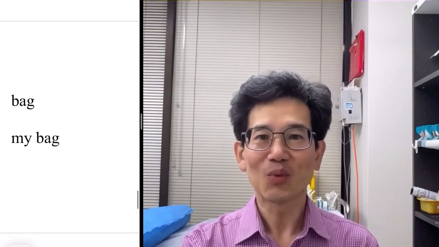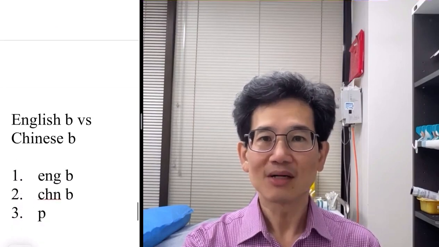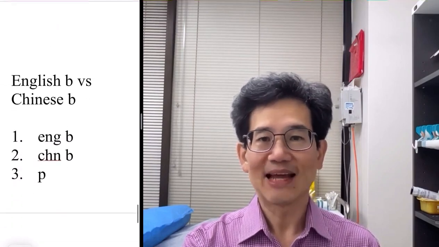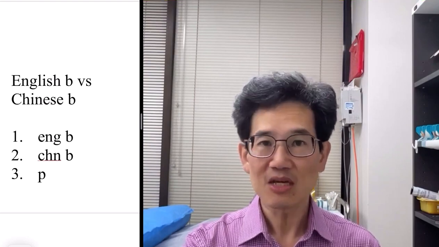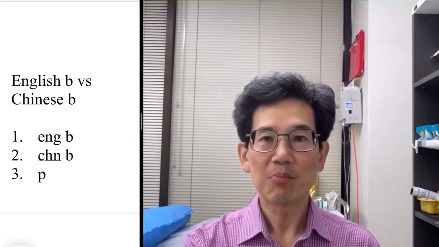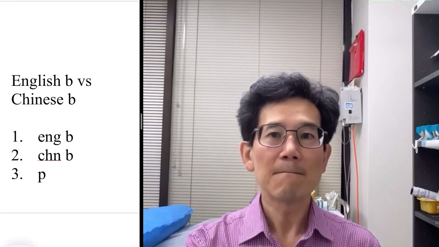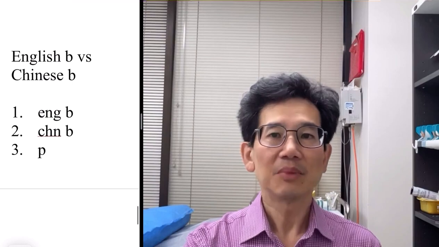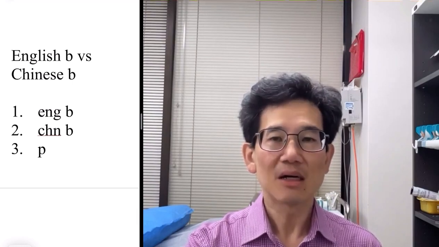包. Okay, we'll finish on that word, that sound, my bag, because I want to point out this sound to you. So in English, there is no b. The sound b does not exist in English. So it does not sound like the English b, it's b. It's not p either, it's b.